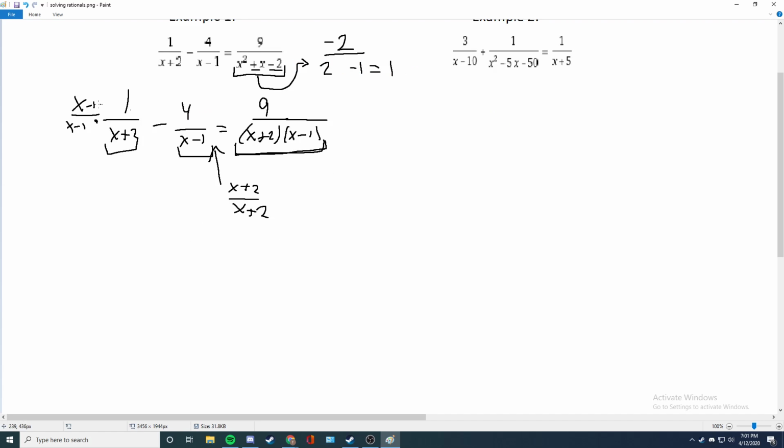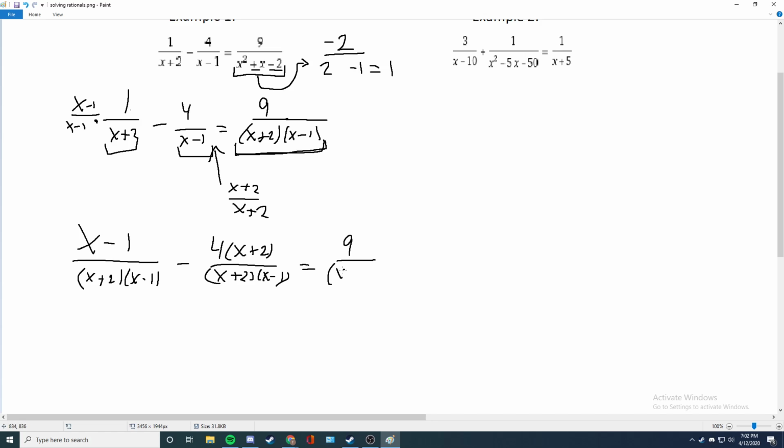So if we do that, multiply across on both terms, then we end up with x minus 1 over x plus 2 times x minus 1 minus 4 times x plus 2 over the same denominator, x plus 2, x minus 1, and then that's still equal to 9 over x plus 2 times x minus 1.